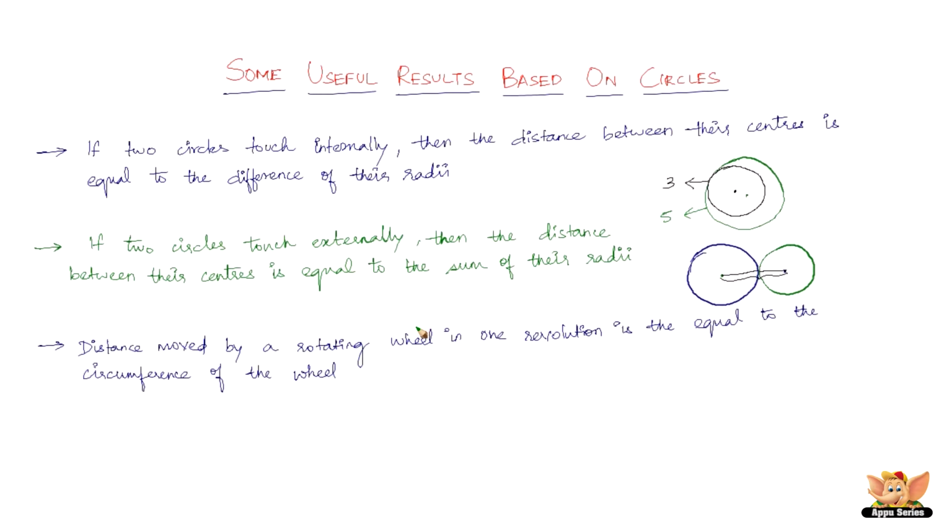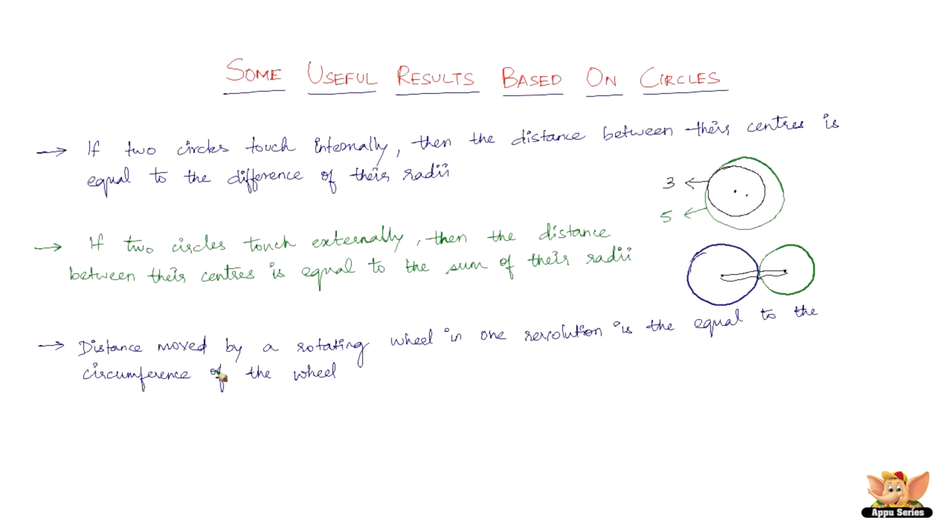If the wheel of your smaller cycle had a circumference of, say, 30 centimeters, then you would have moved only 30 centimeters in one revolution. If the wheel of your bigger cycle had a circumference of say 100 centimeters, then you would have moved a distance of 100 centimeters in just one revolution of the bigger cycle wheel.